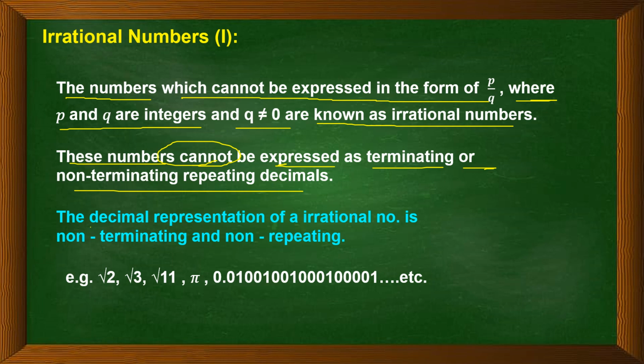Then we can say the decimal representation of irrational numbers is non-terminating and non-repeating. For example, root 2, root 3, root 11, pi, and the decimal expansion of this form, these all are irrational numbers. Any prime number, if it is under a root, is also an irrational number, like root 2, root 3, root 5, root 7, and so on.